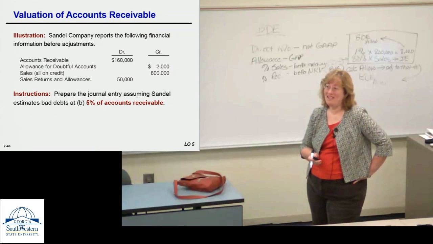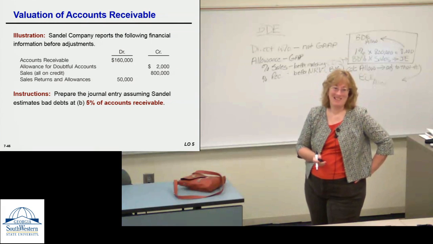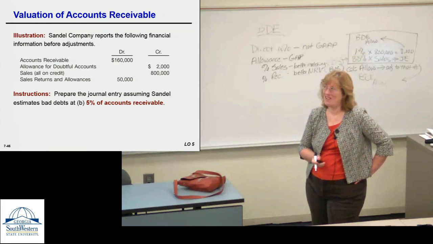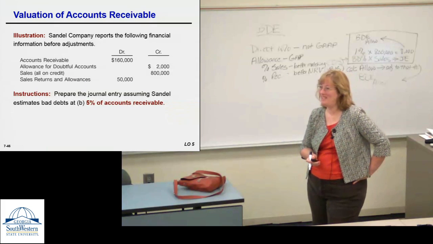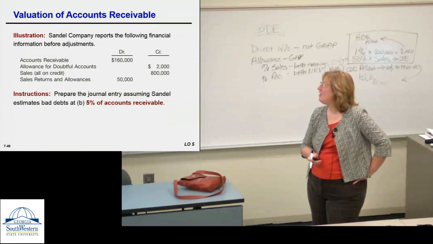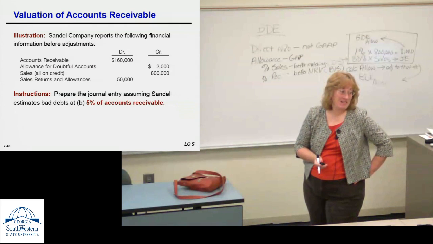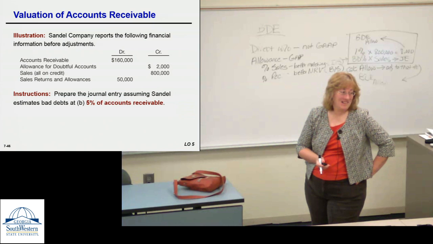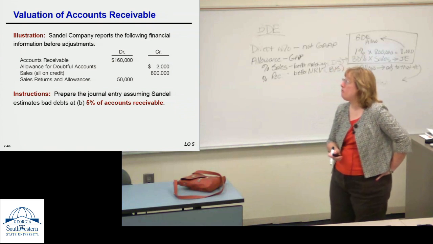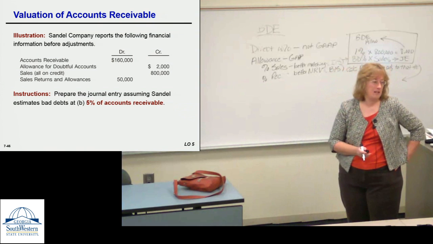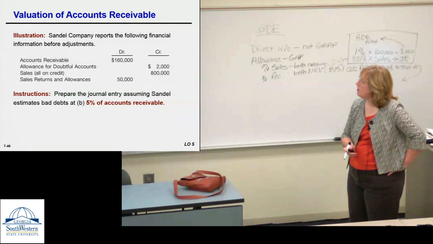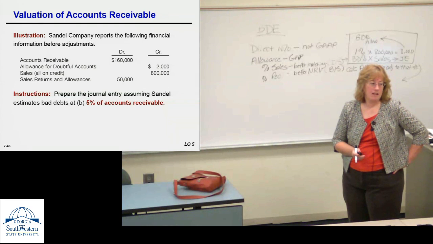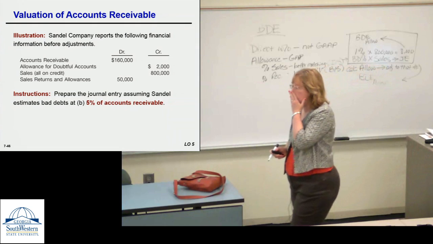Brett, you got it? Okay. 5% of accounts receivable. What you got? Oh, wait, but no, 5% of 160,000. 8,000. Okay, good. All right, so we got 8,000.